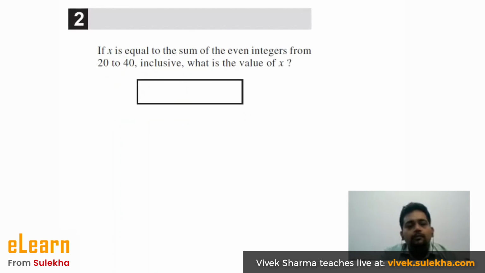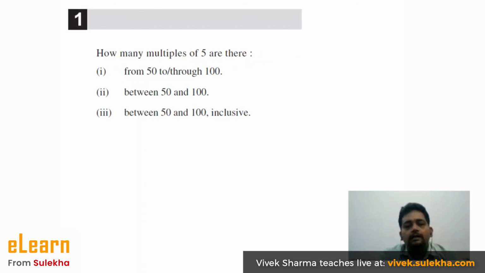Again, moving to the next question, that is the sum of the even integers from 20 to 40 inclusive. Whenever you have even integers or multiples of 5 like in the earlier question, the terms are placed at a constant difference of 5, or a constant difference of 2 for even numbers. So this forms an AP, because you are adding 5 or 2 to the previous term to get the next term.